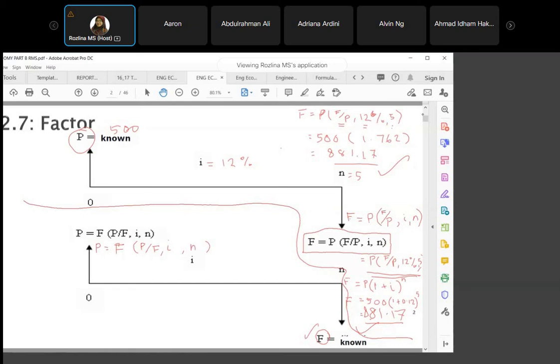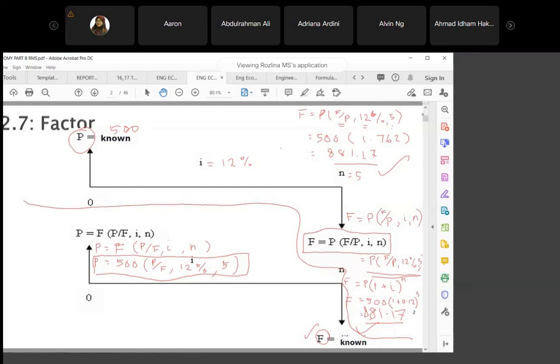P equal to, F is, let's say, 500. Okay, P over F ni jangan ubah. Memang this is the formula that you want to find out. And then I is 12% and N is 5. So just macam ni je. Nanti just look at the table.